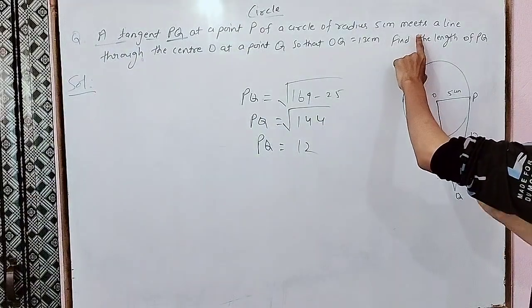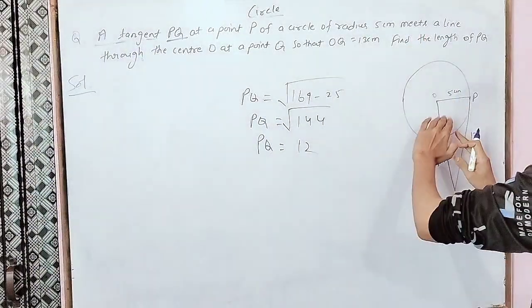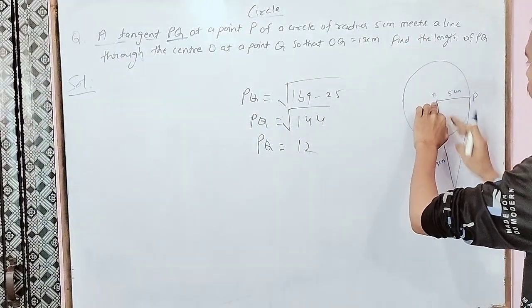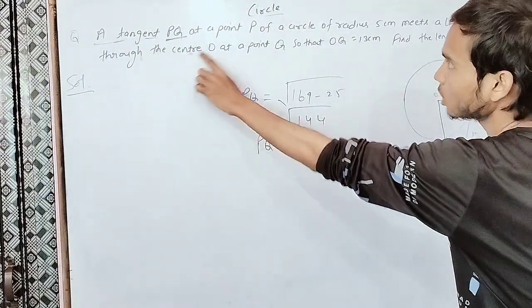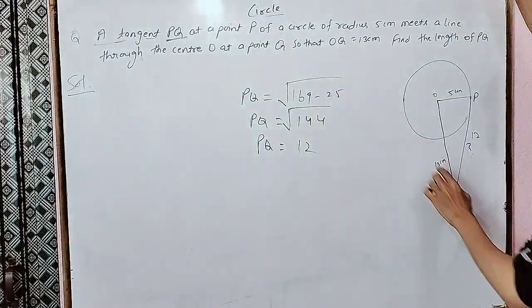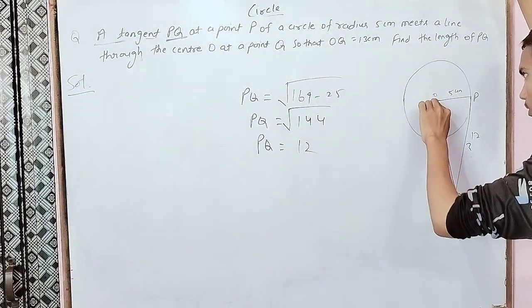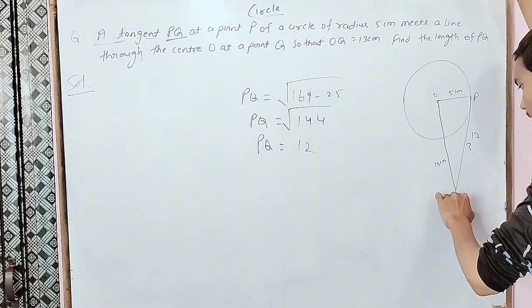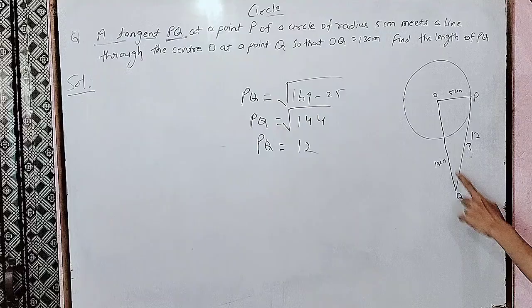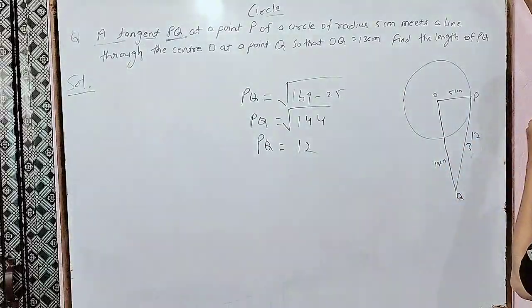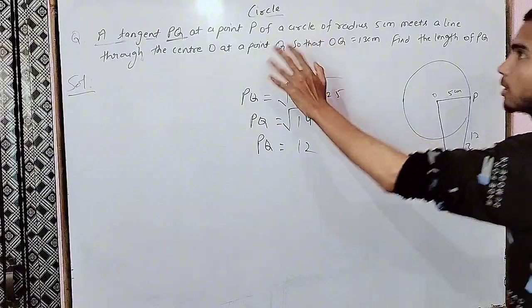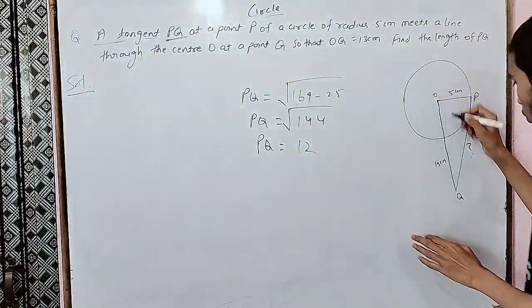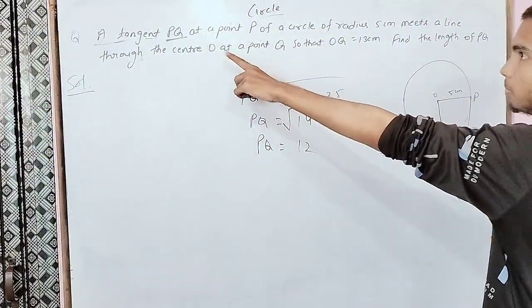There is a line that meets at O, passes through the center, and meets at a point Q, and OQ is 13 centimeter. It clearly says PQ is a tangent.